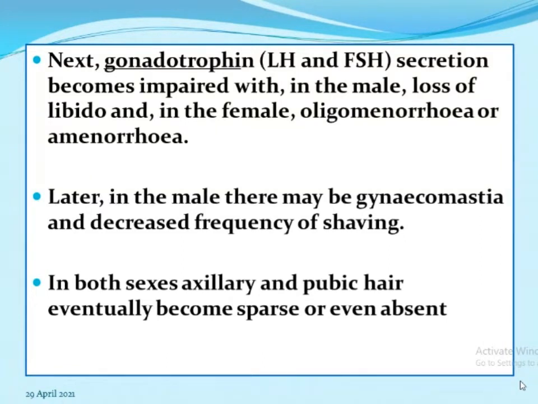The menstrual cycle will either cease or be reduced. We call this oligomenorrhea or amenorrhea. Later, with time, in the male, there may be gynecomastia and decreased frequency of shaving. Actually, sometimes even sweating is also common.